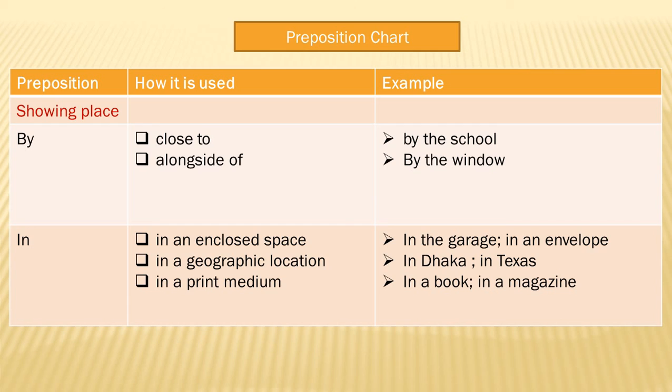Already I have shown you two charts about the preposition of place. Now it has been discussed in detail: in the garage, in an envelope, in Dhaka, in Texas, in print media, meaning in a book, in a magazine. There is a story in a magazine. Now I am going to the next slide.